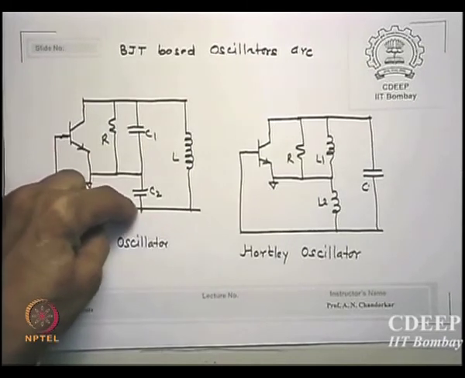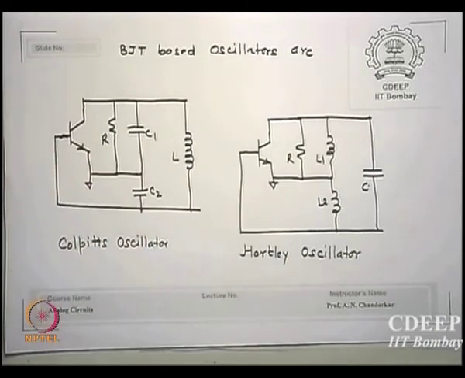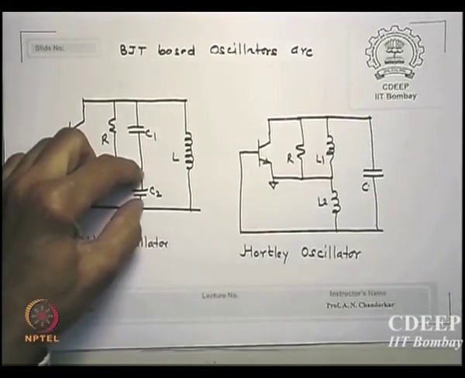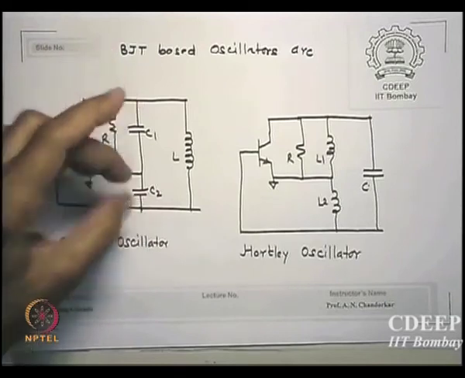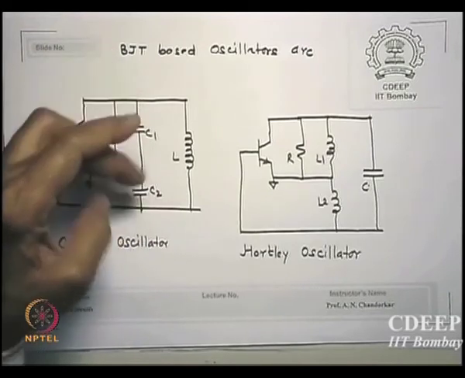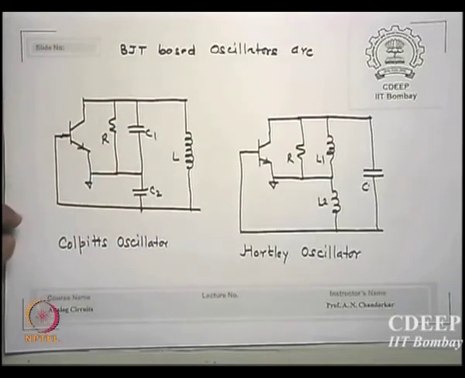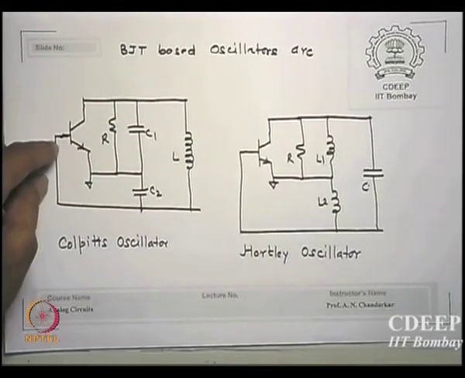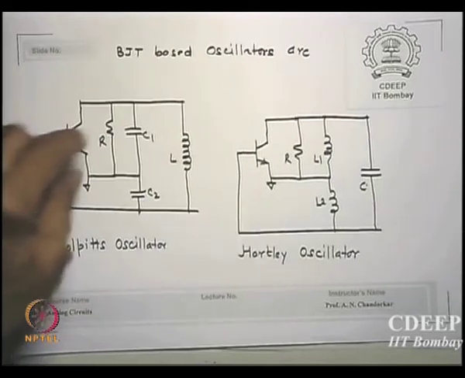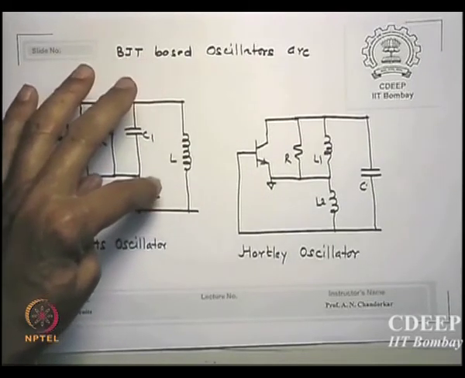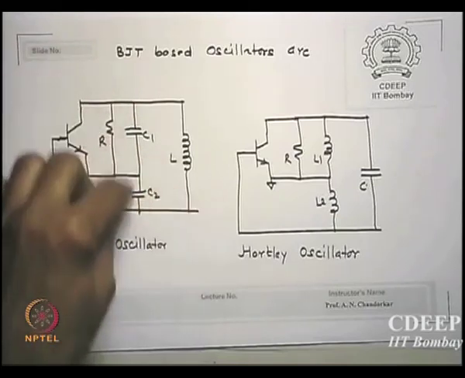So this C2 is essentially creating a feedback for you. Is that okay? This is the net output voltage divided by, this is a divider, this is a ground potential, C2 upon this plus this, which is essentially giving me the feedback factor. So I am now looking at a transistor plus LC network with a load here with a divider.